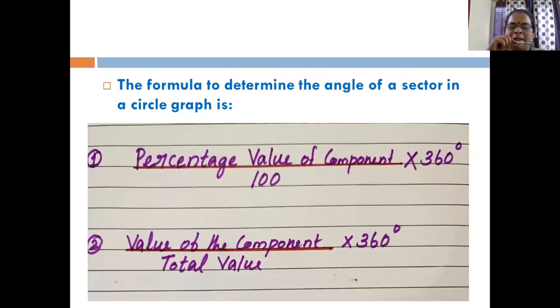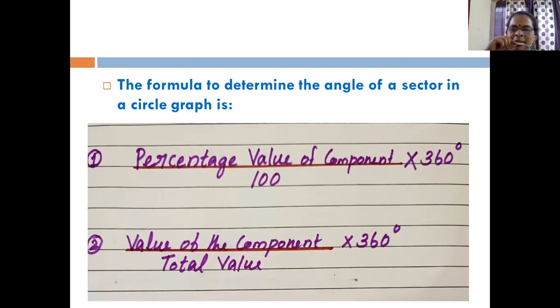So 40 percentage means we are writing as 40 by 100 into 360. Then suppose it is not given in any percentage, just like 2, 3, 4 like that it is given. Then you take the value of the component and the total frequency, that is the total value, into 360. So in both cases, we are converting into degree measure.